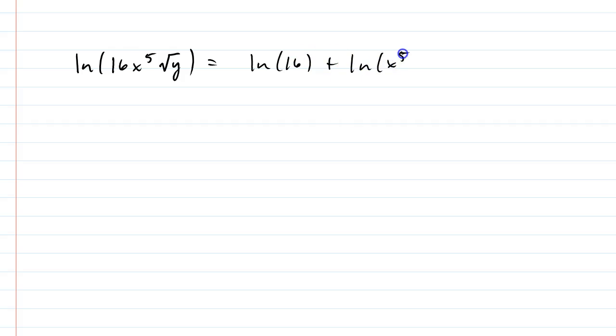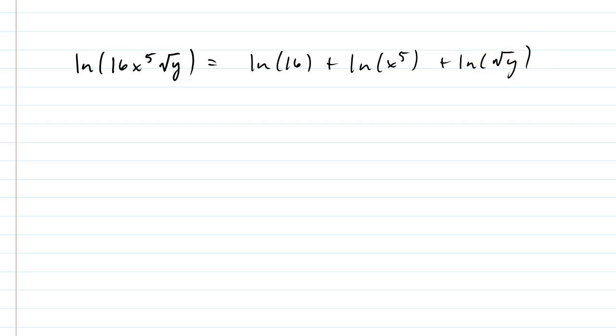Another example, they might ask you to expand something like 16 x to the 5th. Oops. And I have one more thing in here, root y. So we would first break them up. Okay?